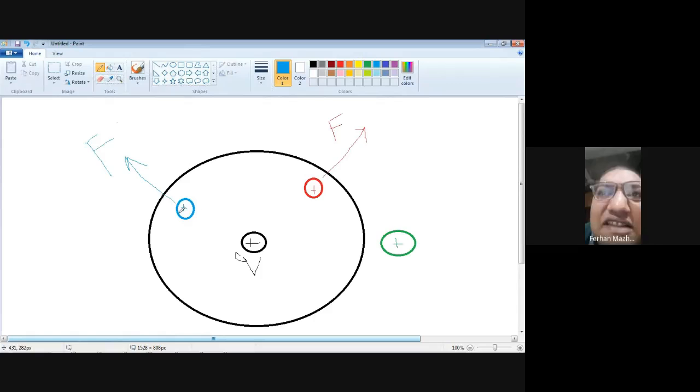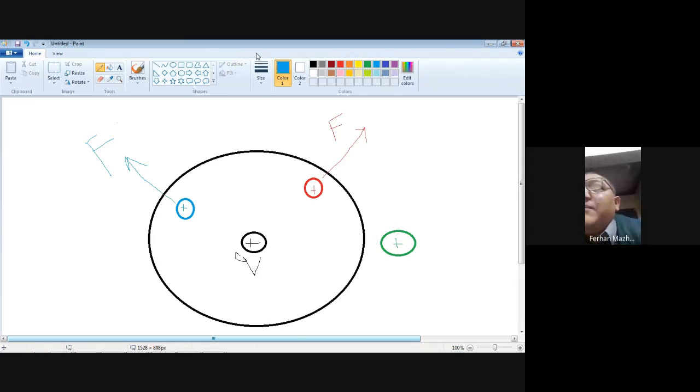So it means at this point where you have placed the test charge, the direction of the electric field is in this direction, wherever that force is, whatever is the direction of that force. And if you want to find out the electric field strength, whatever is the force experienced by that unit positive test charge, that is known as the electric field strength.